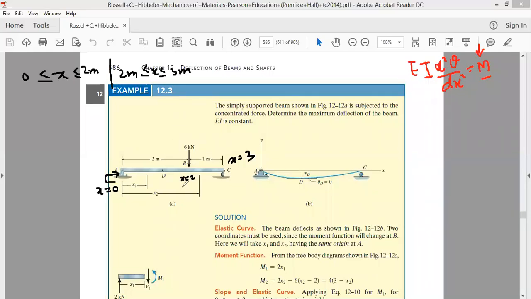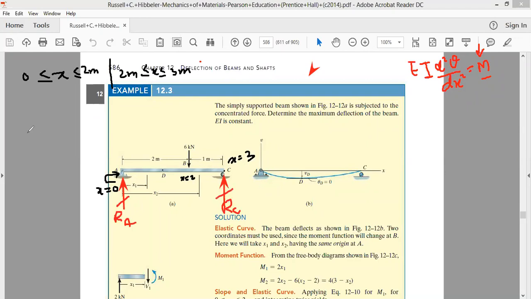Now, first of all, we have to find the bending moment, and in order to find the bending moment, we should know the reactions. We have to find the reaction at end C and the reaction at end A. We'll call them RA and RC.